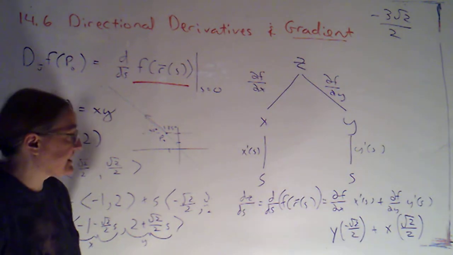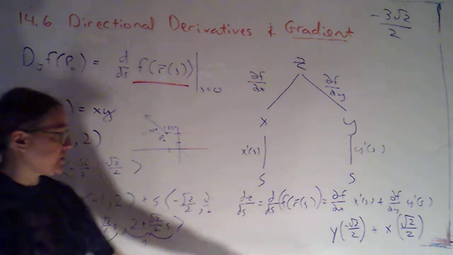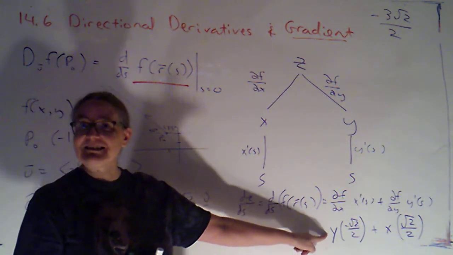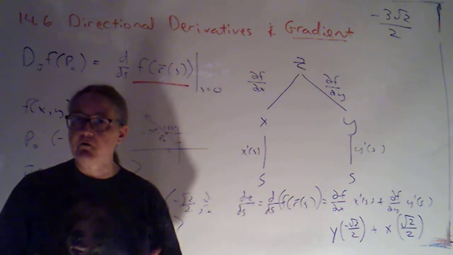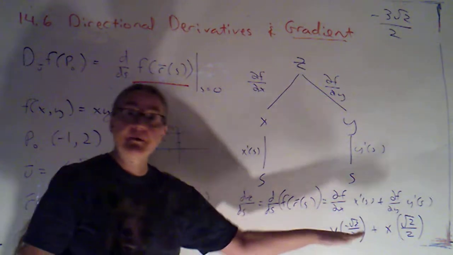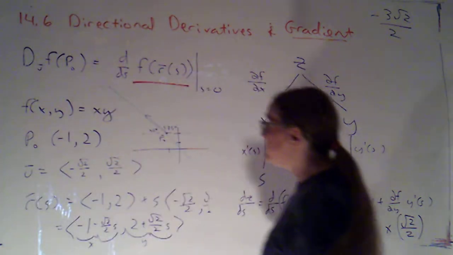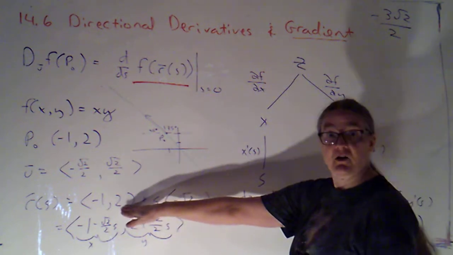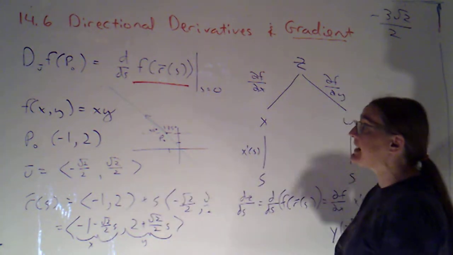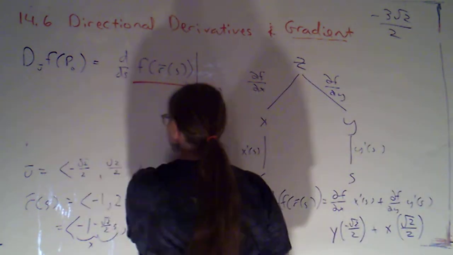I'm just going to take a slight shortcut here. I know I want to evaluate this when s is 0. Now, I don't see any places for me to plug in 0 for s, because s didn't show up in my formula, but I do know that when s is 0, we're going to be at our starting point. We're going to be at negative 1, 2.